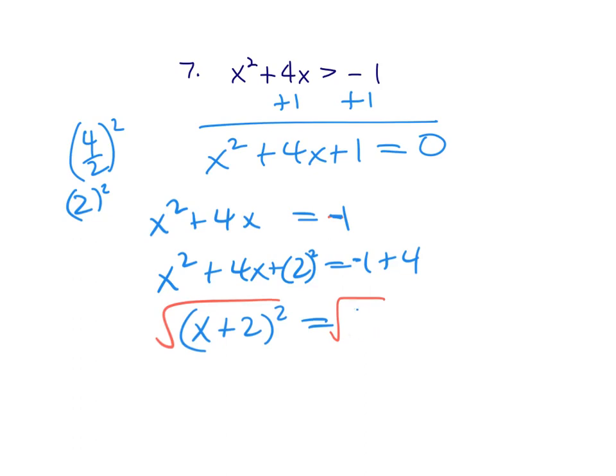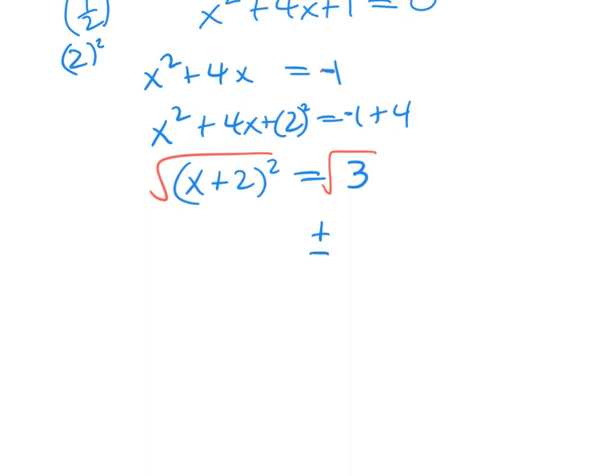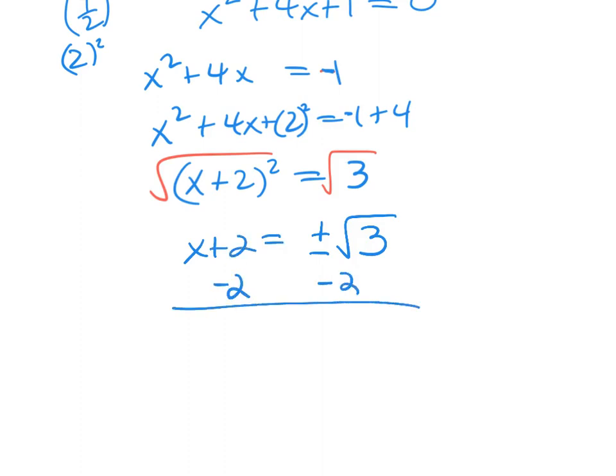Here we go. So now, when I square root the 3, I get plus and minus square root 3, and then the x plus 2. I need to subtract the 2. So x is equal to -2 plus and minus the square root of 3.